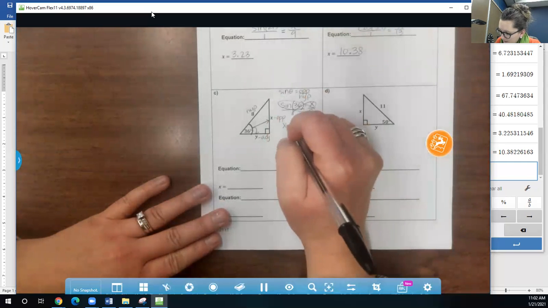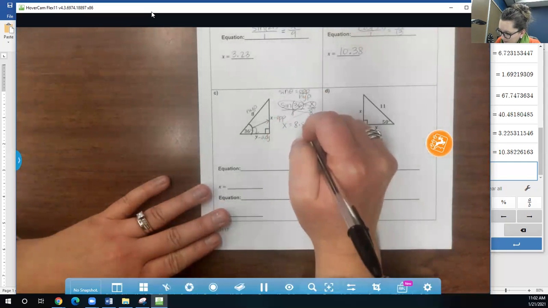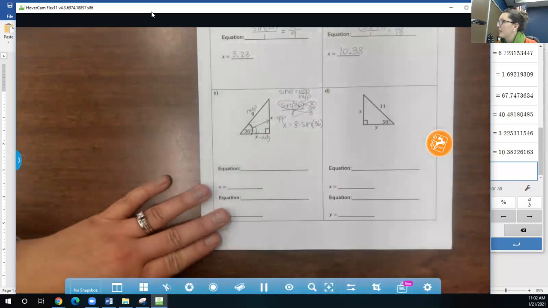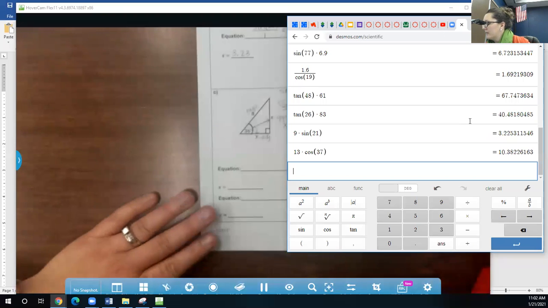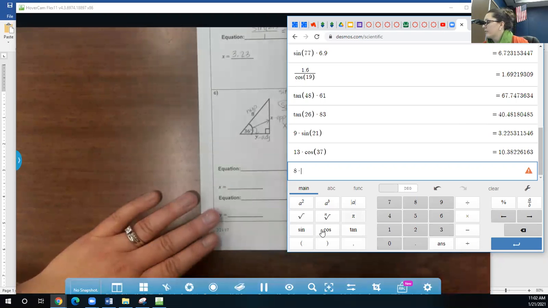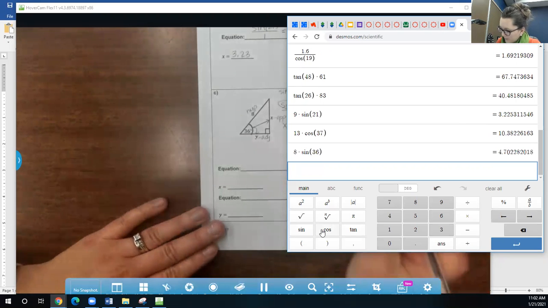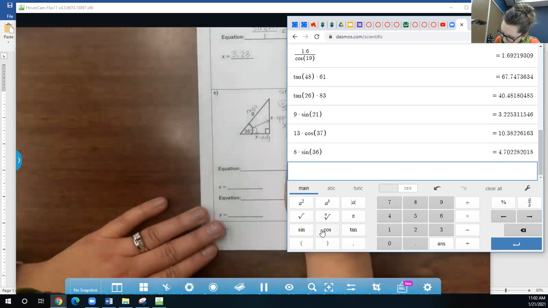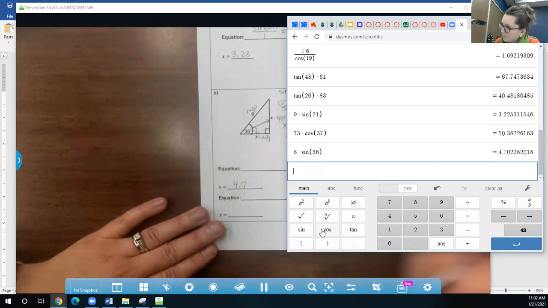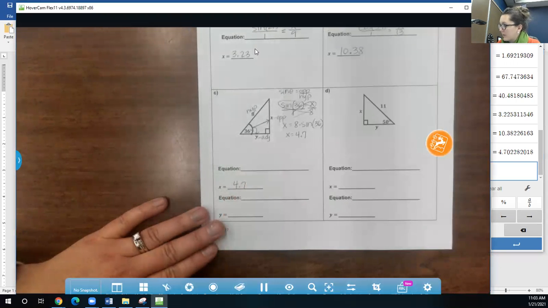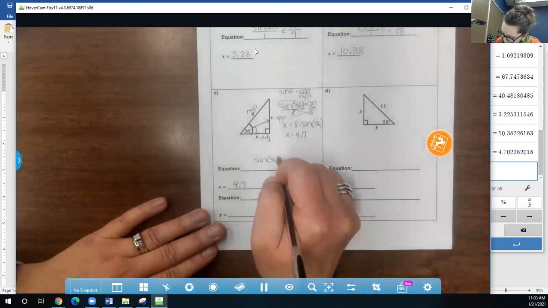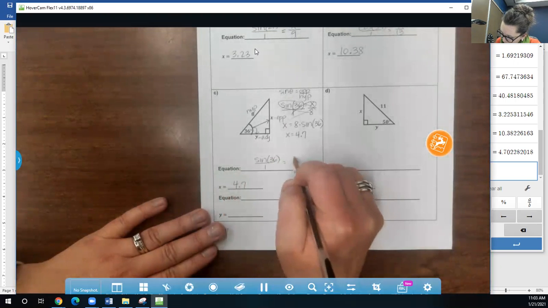So I have x equals 8 times sine of 36. Plug it in my calculator. Let's see. 8 times sine of 36 is 4.7. X equals 4.7. So I'm going to write down, oops, sorry, going to get out of my calculator there. My equation was sine of 36 divided by 1 equals x divided by 8.